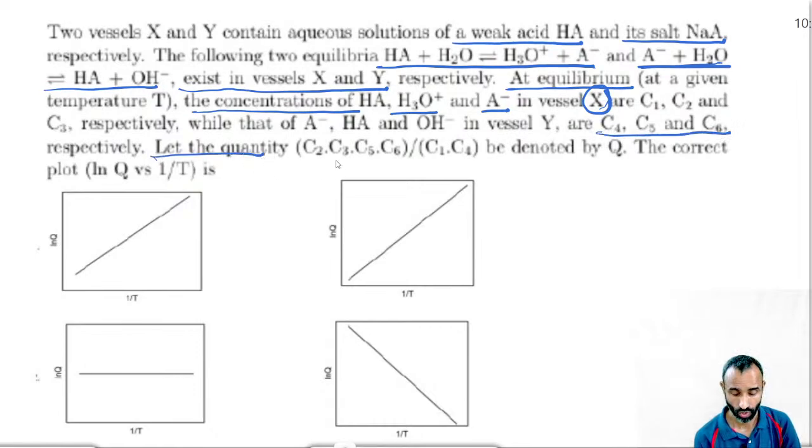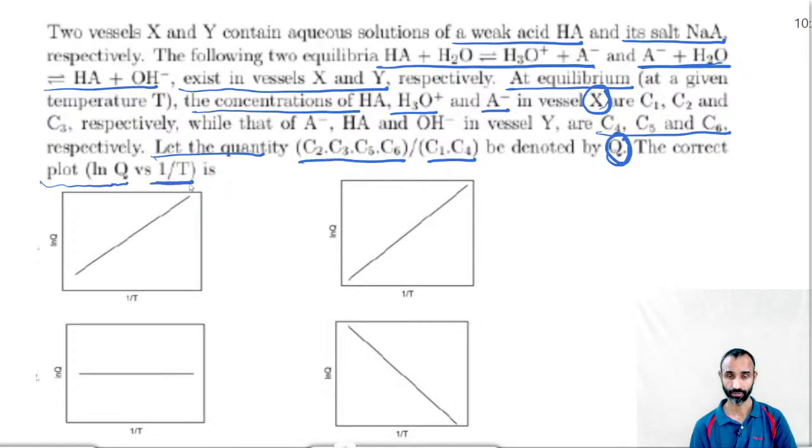Let the quantity C2, C3, C5, C6 divided by C1, C4 be taken as Q. So what is the correct relation between natural log of Q versus 1 upon T?